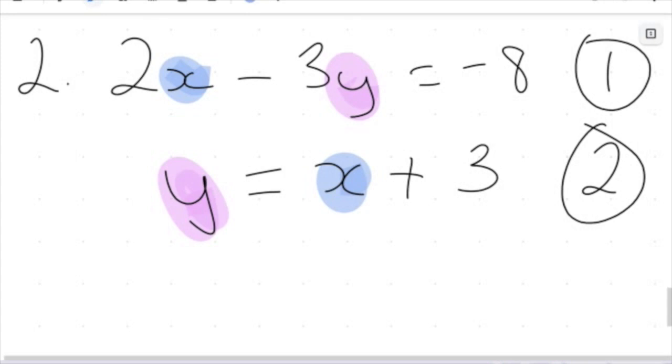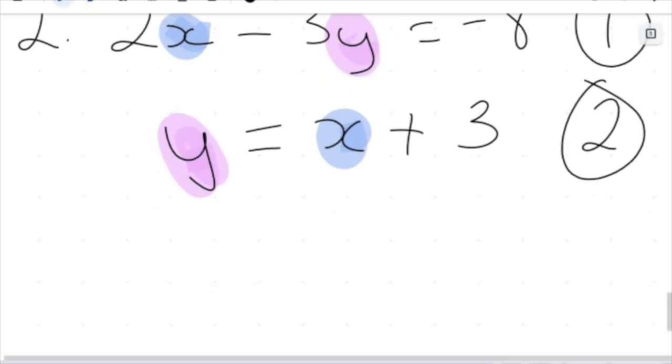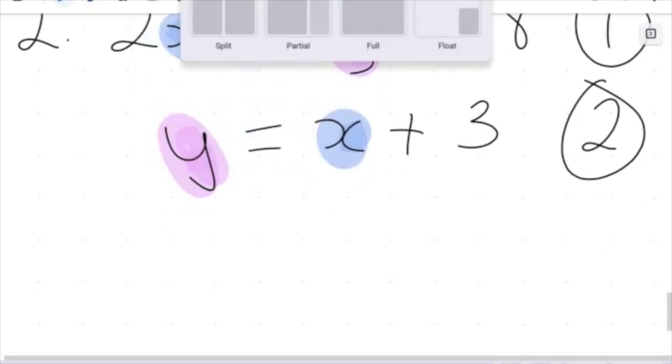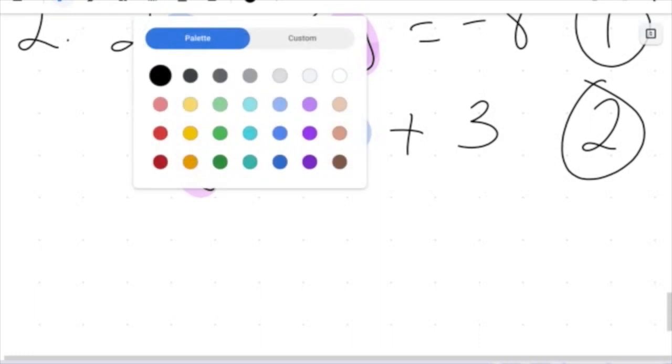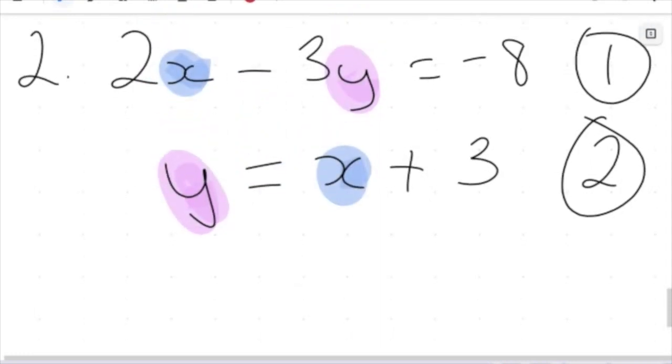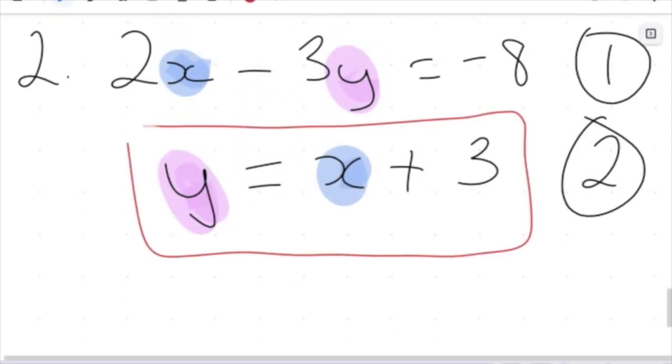Now, we can rearrange this and do it the same way as we did at the top, but let's just think of another way we can maybe do this. Feel free to pause this video and have a think about how you could maybe do this, but looking at this idea of substitution, I have an expression for y in my equation 2.